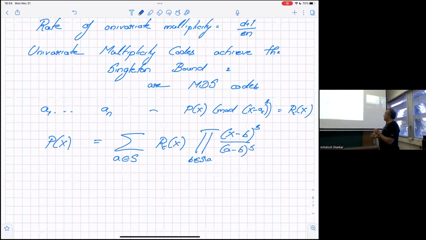It is exactly the same as the usual Lagrange interpolator, where s was 1, and now s is larger than 1. You can interpolate to give me any sort of point: if you know the evaluations, you can find the unique polynomial, and this works.